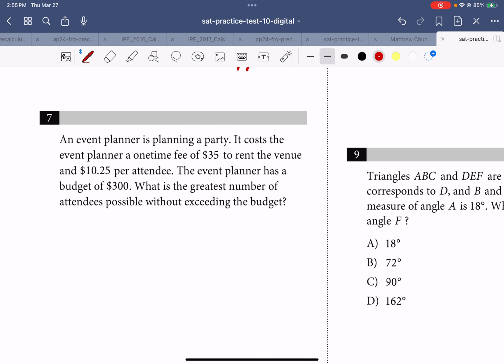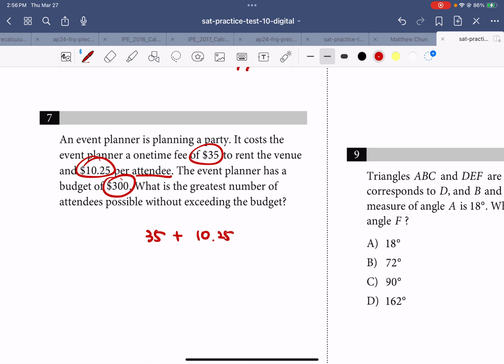Number 7, an event planner is planning a party, and the event planner charges a one-time fee of $35 to rent a venue and $10.25 per attendee. The event planner has a budget of $300. What is the greatest number of attendees possible without exceeding the budget?